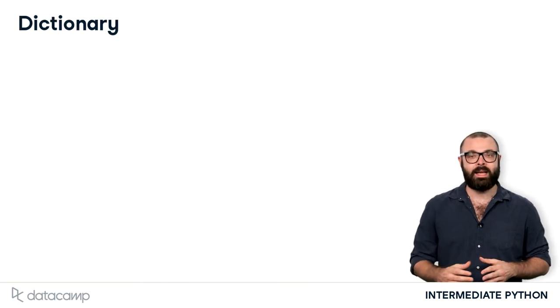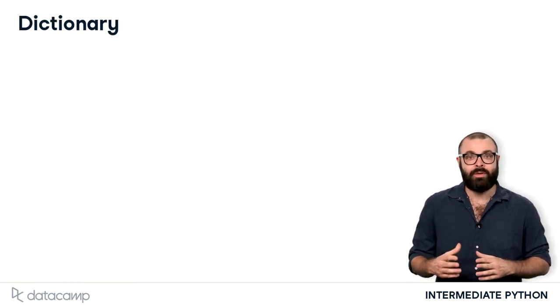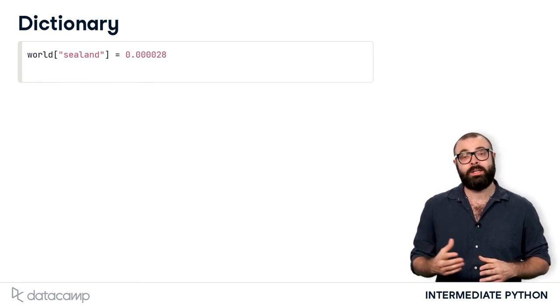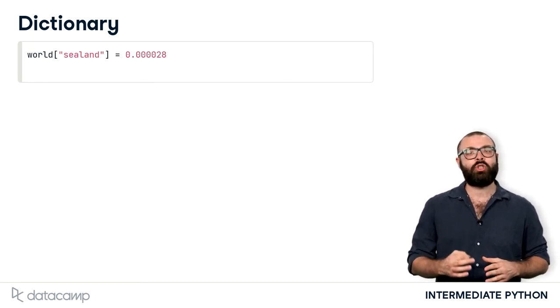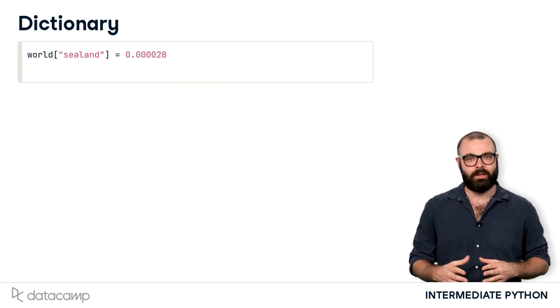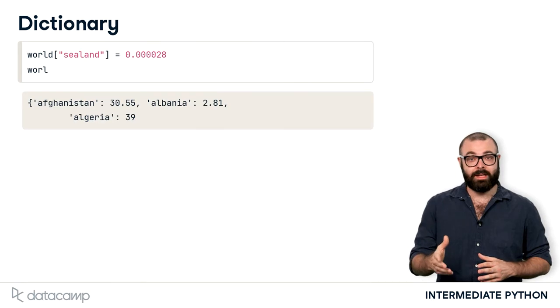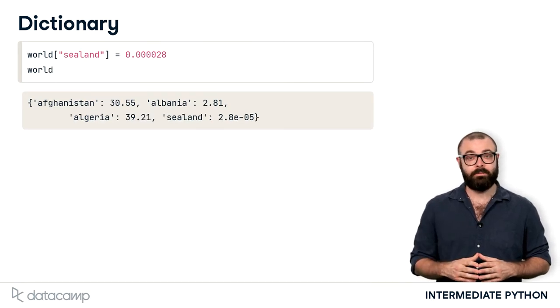With the same syntax, you can also change values, for example, to update the population of Sealand to 28. Because each key in a dictionary is unique, Python knows that you're not trying to create a new pair, but want to update the pair that's already there. You can see this from the printout here.